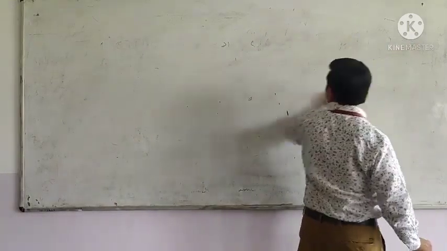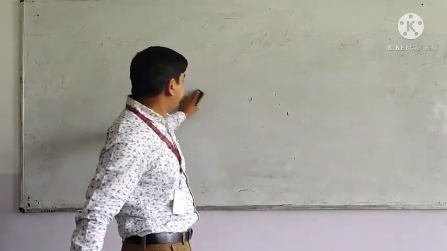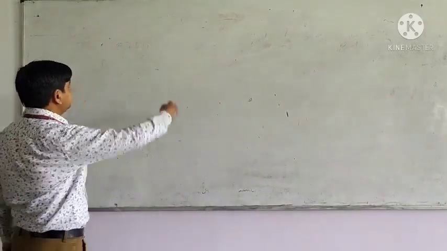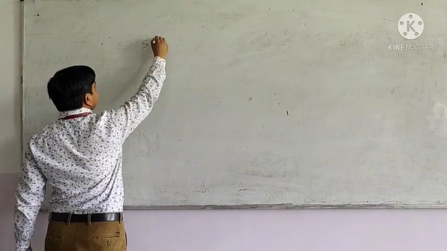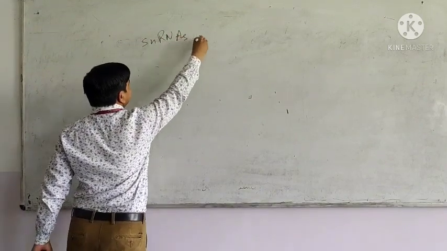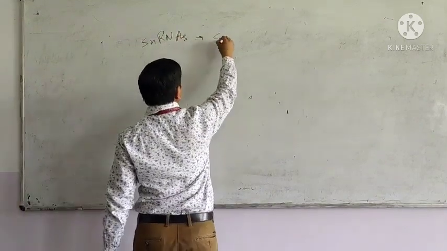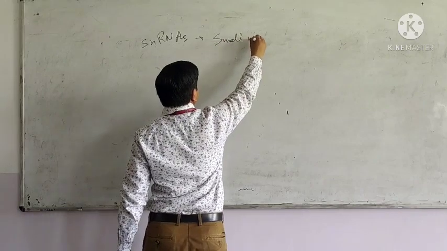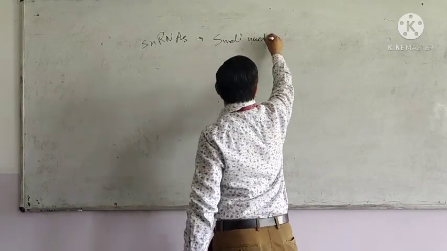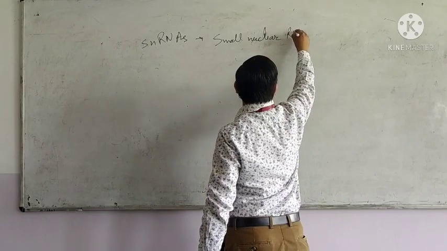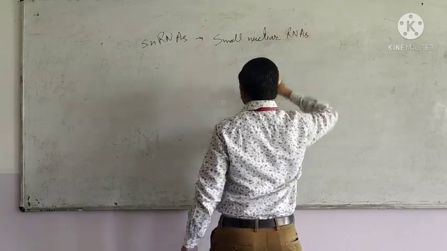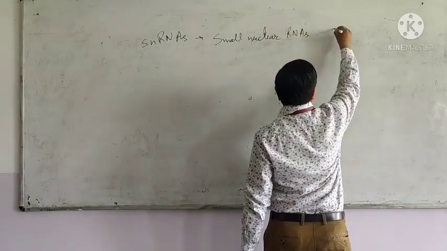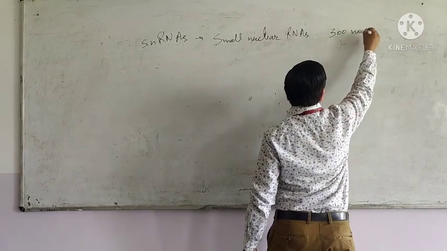First, we need to know what the spliceosome, snRNA and snRNPs are. snRNAs are small nuclear RNAs, less than 300 nucleotides long.